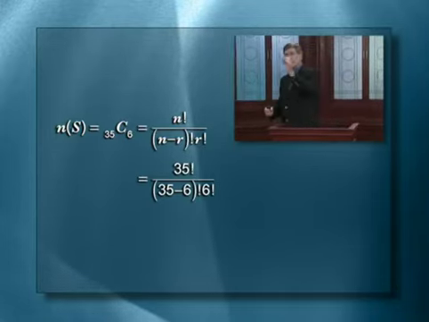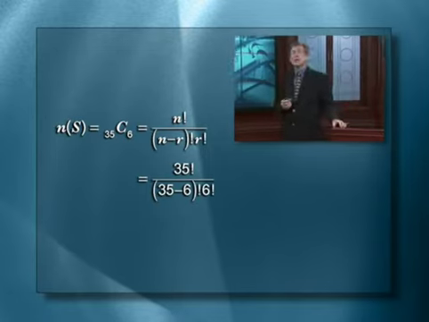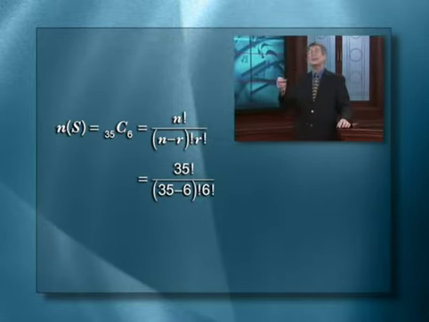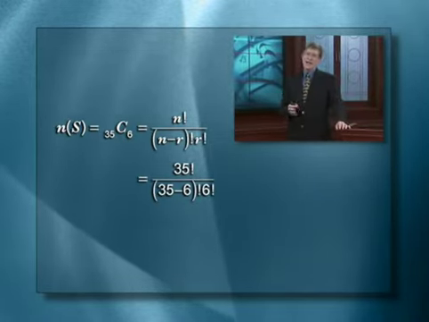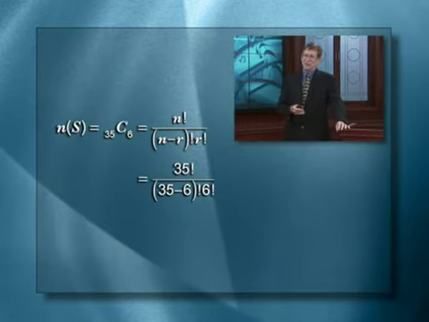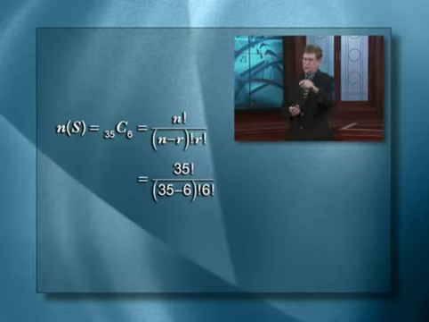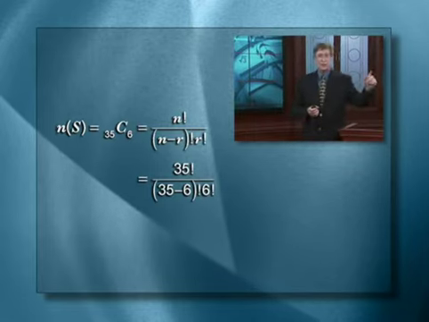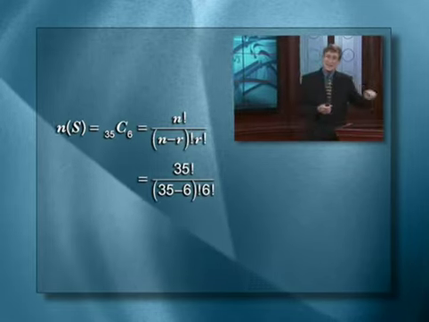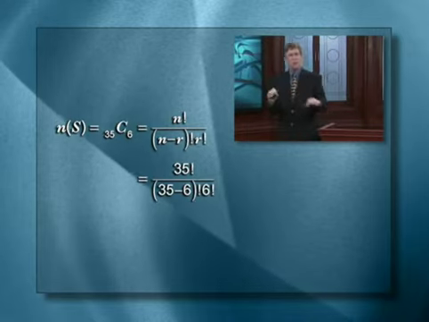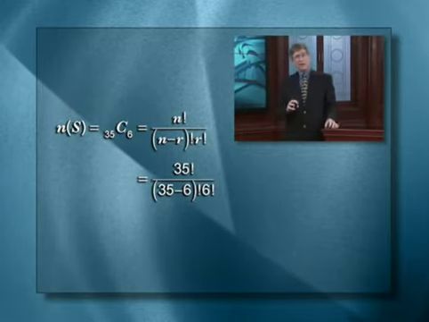So it's 35 factorial divided by 29 factorial times 6 factorial. Okay. We know how to figure these out, don't we? We could do that trick of 35 factorial equals 35 times 34 times 33 down to 29 factorial and cancel. Let's not go through that again. I think we're experts on that topic.